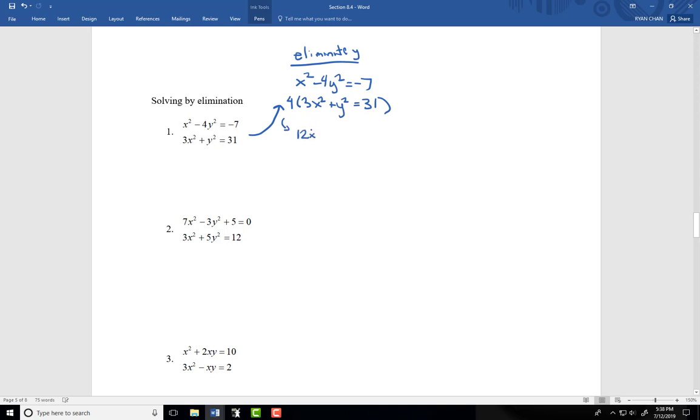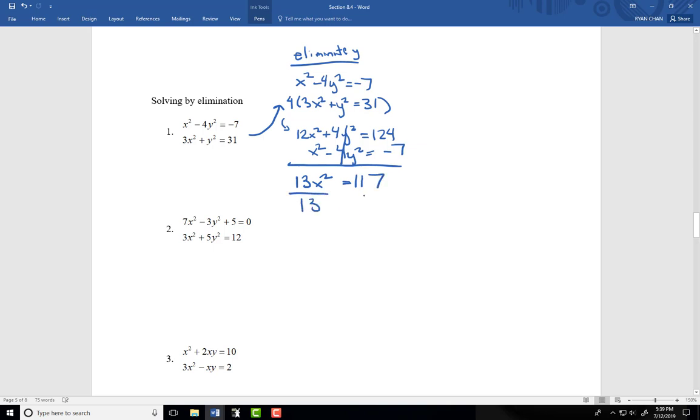So 12x squared plus 4y squared is equal to 124. So this becomes 13x squared equals 117.